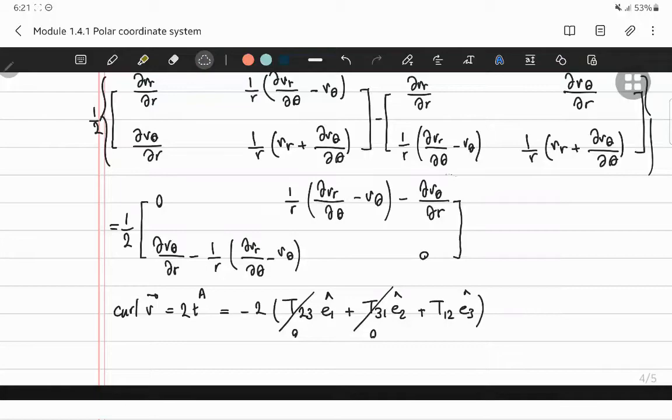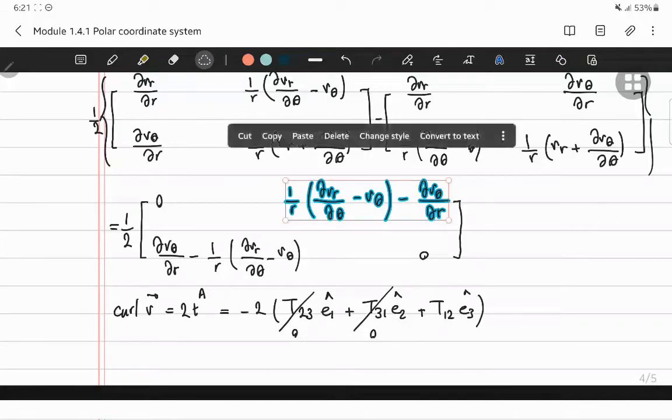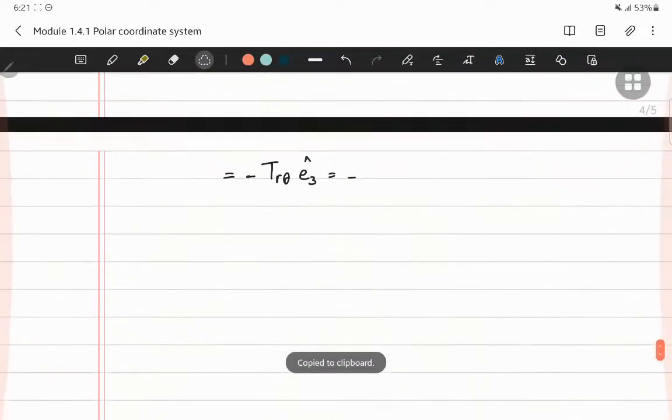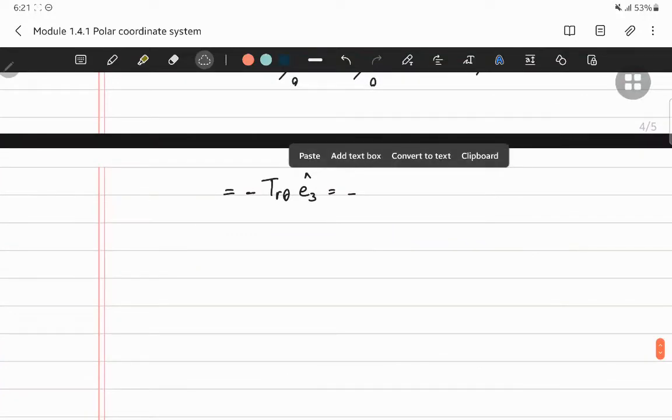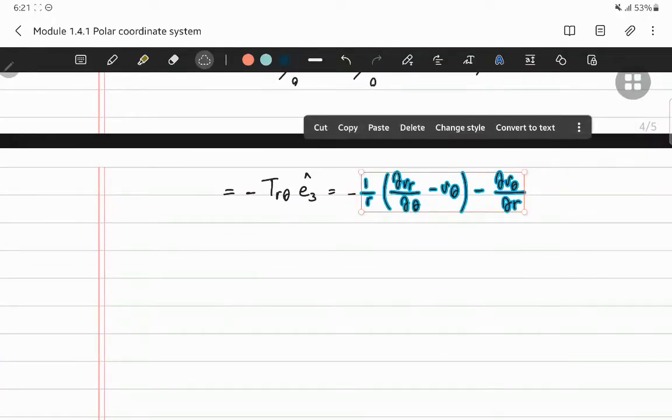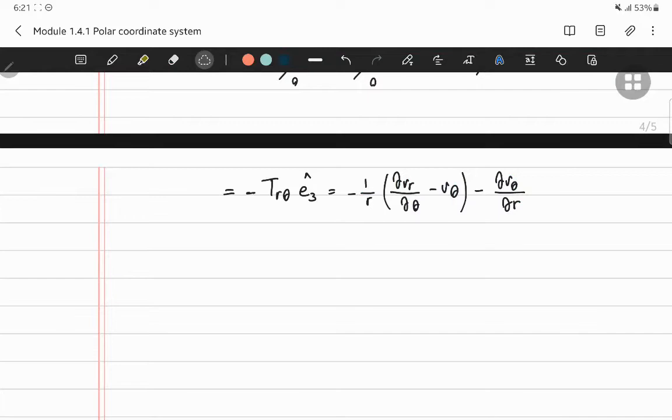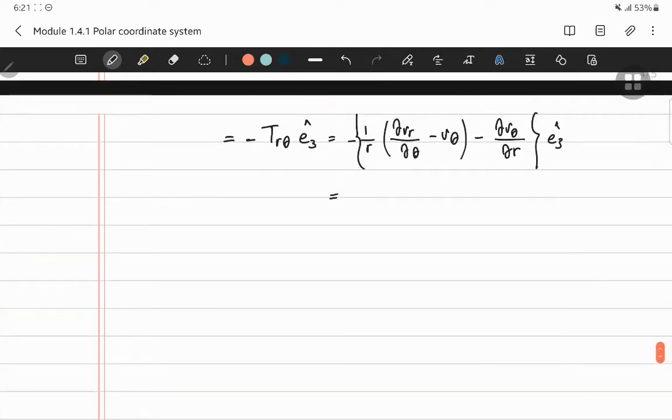So I have this from here, copy. Let's just paste it here. And I have minus here, so this is E3. And that's it. You can also write this by multiplying this minus here.